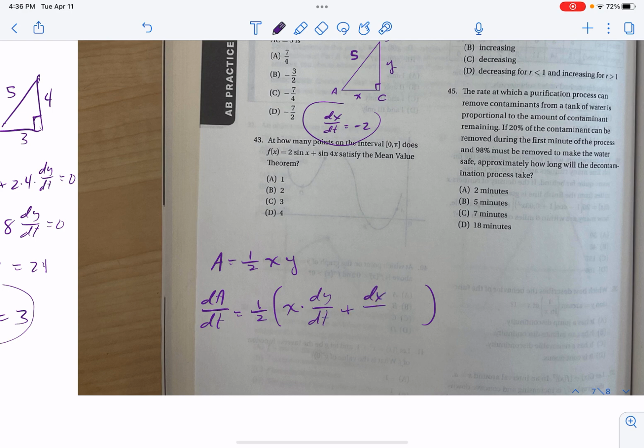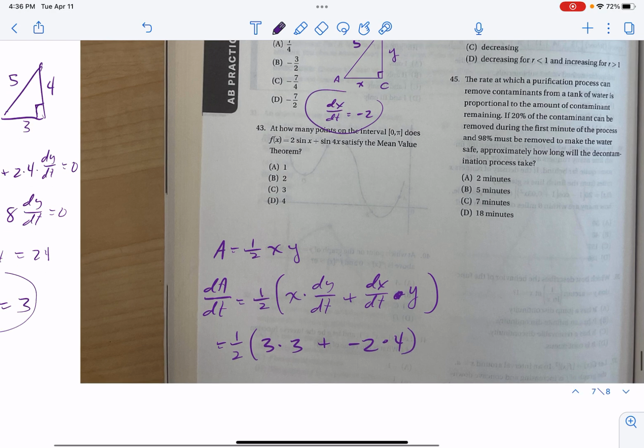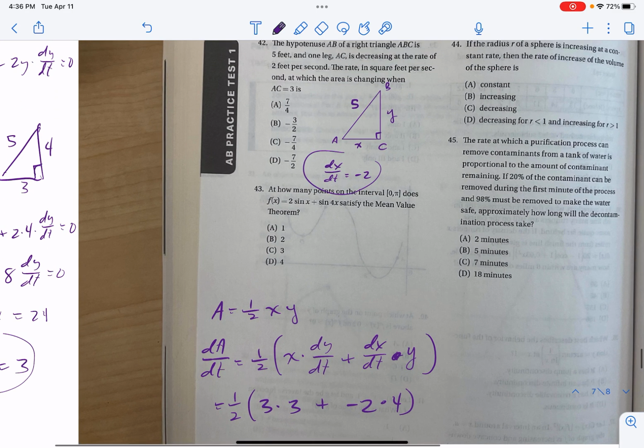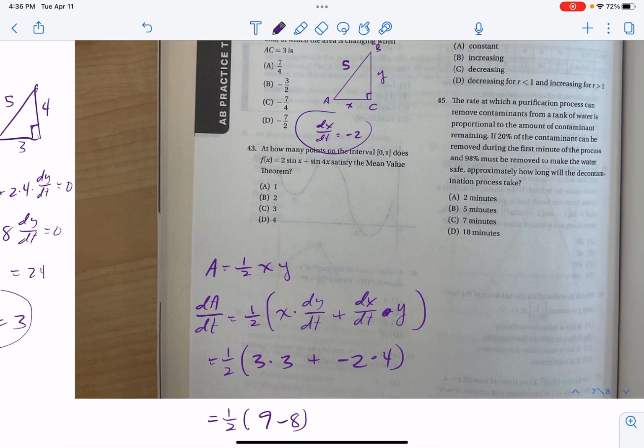Plus derivative of the first times the second. And now let's just plug in everything we know. At that moment, x is 3, dy/dt is 3. x is getting smaller at a rate of negative 2. That's a times. y is 4. So we have 1/2 of 9 minus 8. And, my answer here isn't listed.